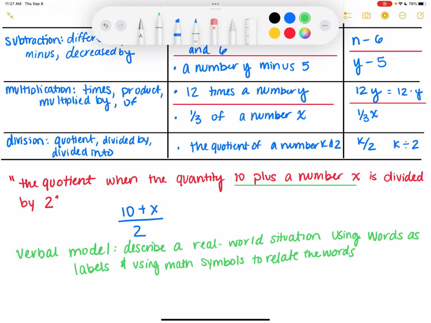And then basically you'll take the verbal model that you're given and write a mathematical model that goes with it.